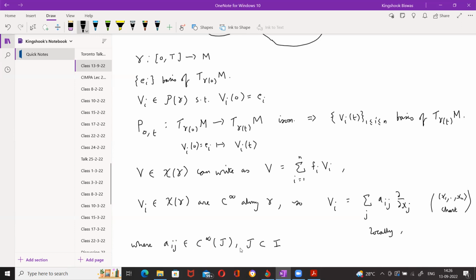Now, this matrix A equal to (a_ij) is a smooth matrix valued function.